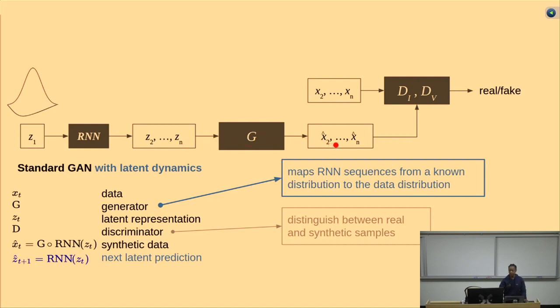And all of those images together are understood as a video. So then we have two discriminator networks in this case, one that checks to see if images look real or fake, and one that checks to see if our videos look real or fake.